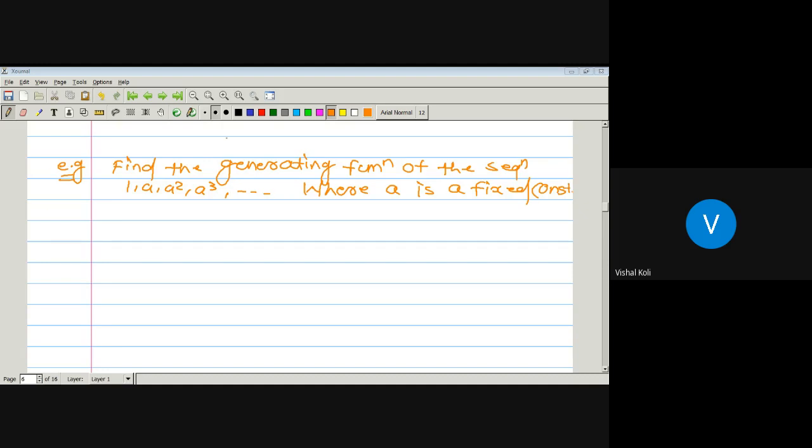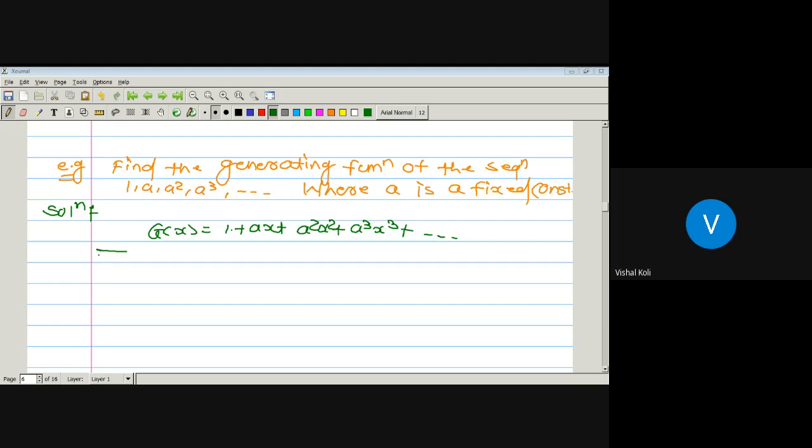See the solution. As we know, if there is a sequence 1, a, a square, a cube, this one is actually a raised to 0. Then its generating function is g of x equal to 1 into x raised to 0 plus a into x plus a square into x square plus a cube into x cube and so on.